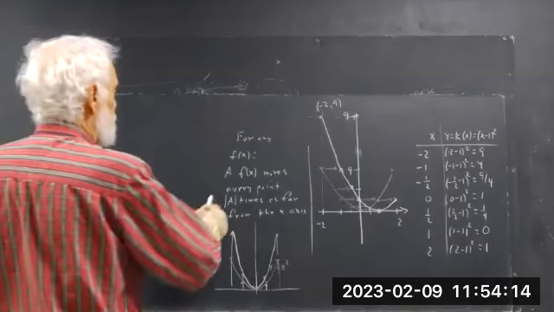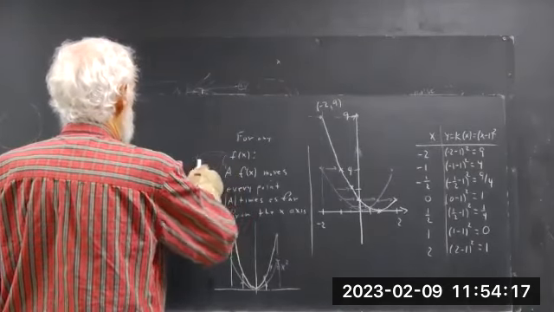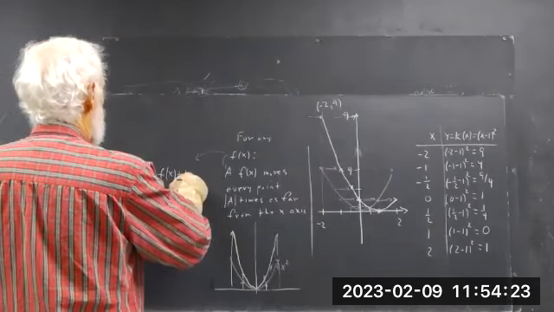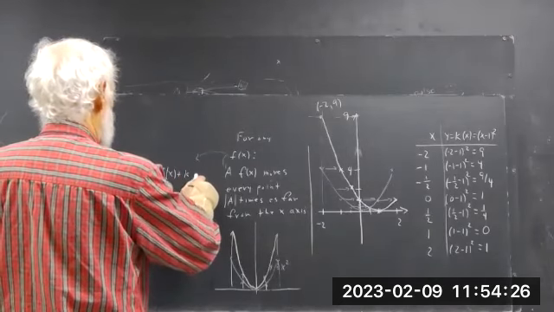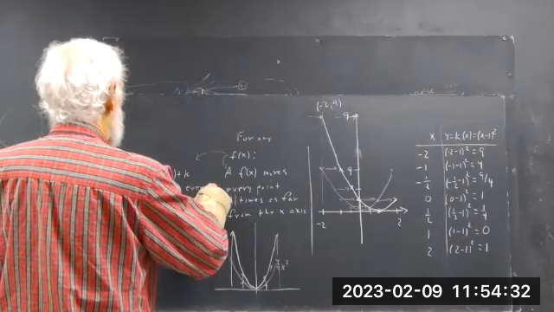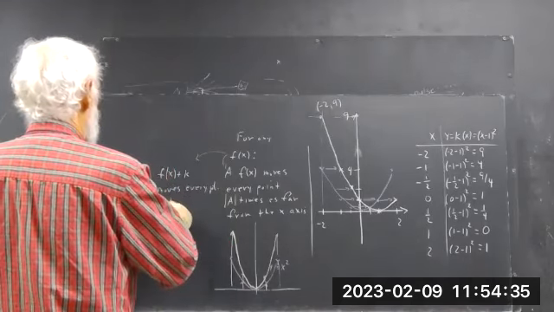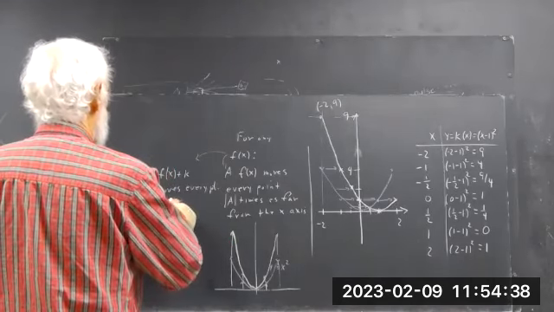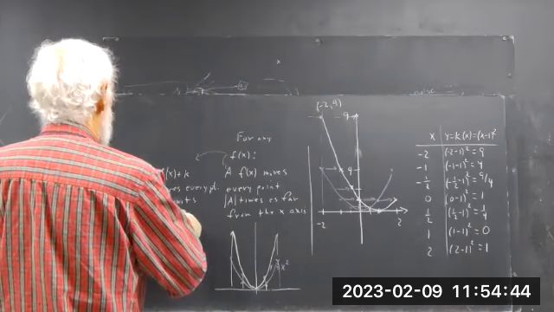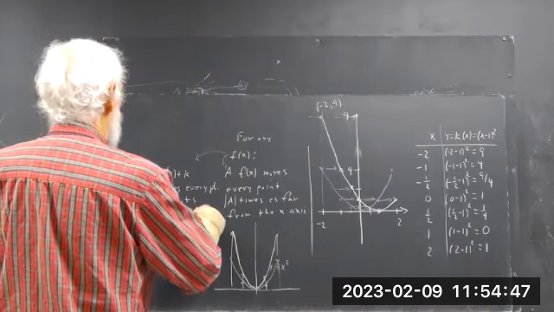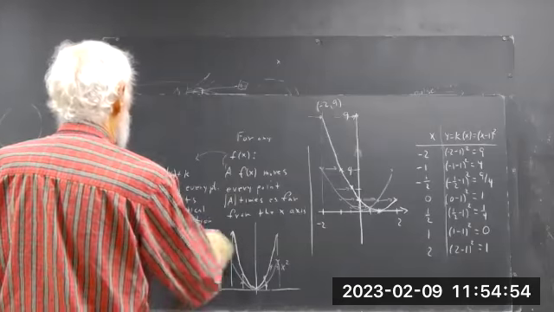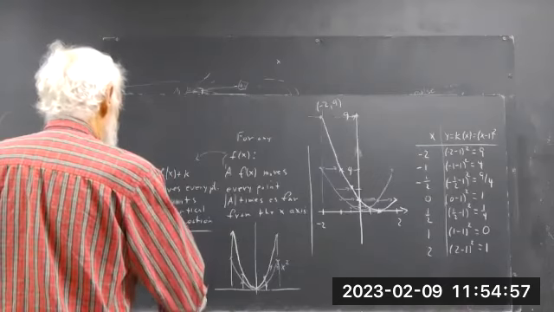So for any f of x, we have this. We also have this. There's every point A units in the vertical direction.